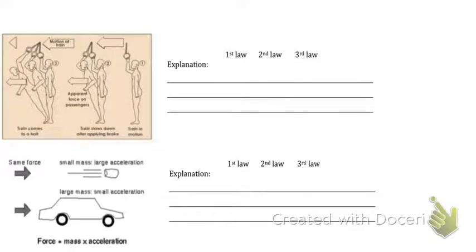So what we have going on here is that this person's body is acting no different than in a car accident, in that it's in motion and it wants to stay in motion until an outside force is applied. And so by holding onto that handle, they're able to generate a force to bring their body to a stop. So what we're experiencing in example 1 is Newton's first law of motion.